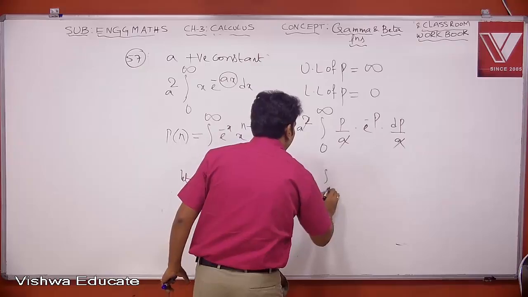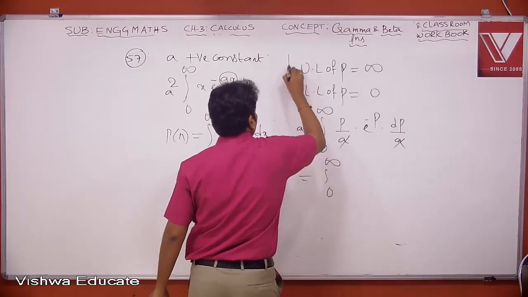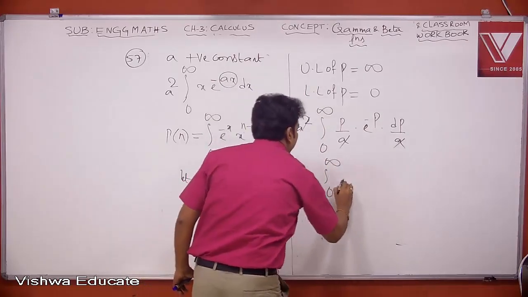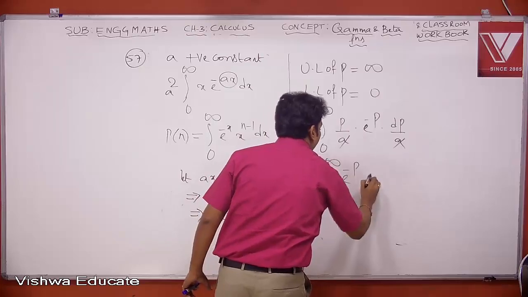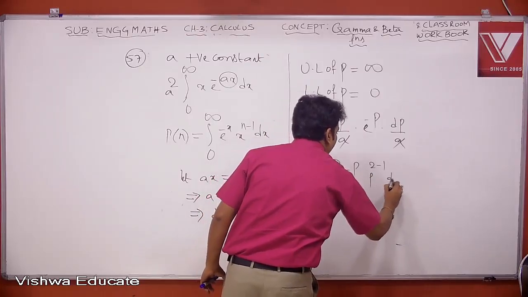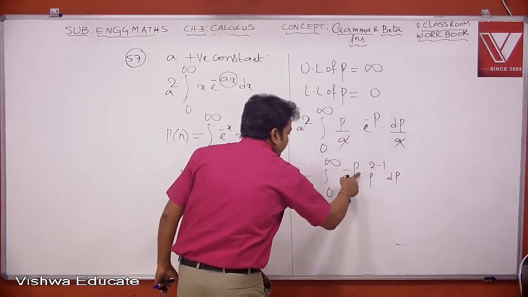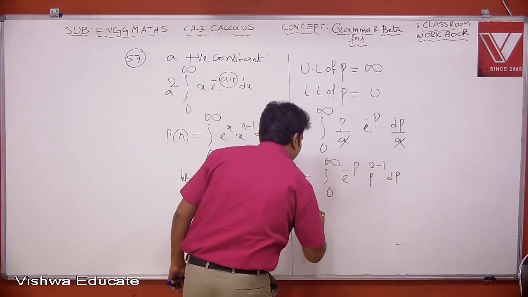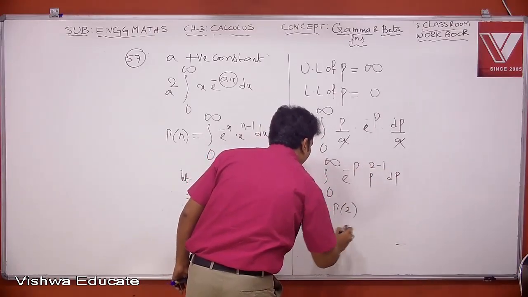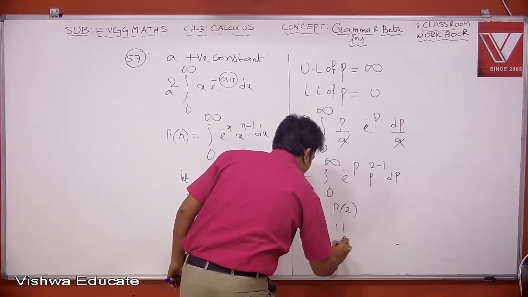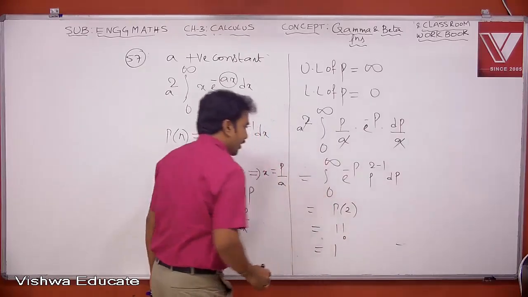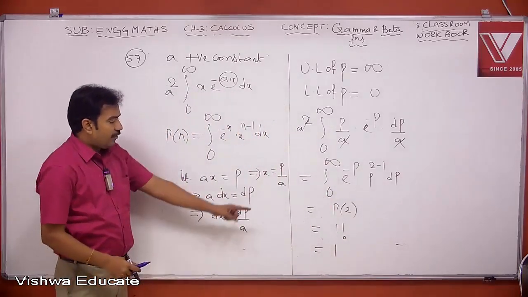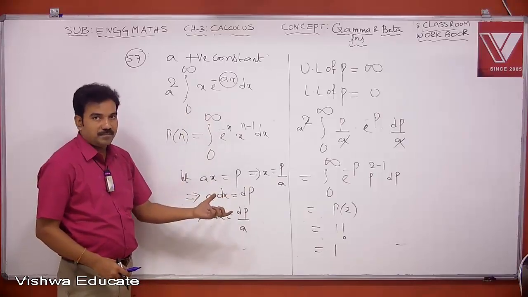Therefore, this integral is integral 0 to infinity e power minus p into this p, we can write it as p power 2 minus 1 into dp. Now this is a gamma function in terms of variable p, but the value of n is 2. So this is gamma of 2. Gamma of 2 is 1 factorial. So this is 1. Therefore, the value of this integral is 1.